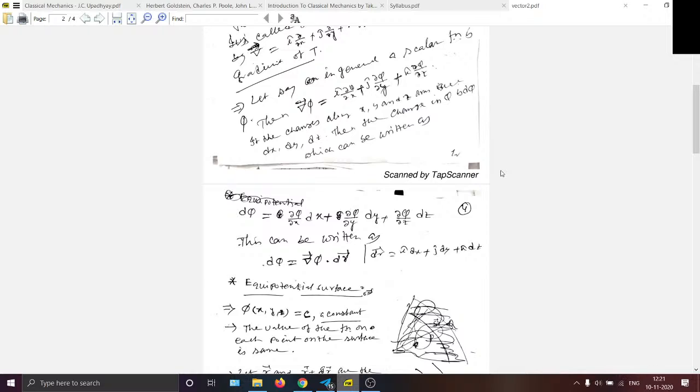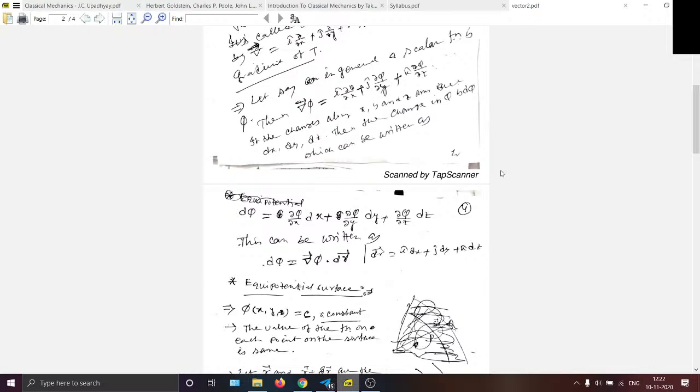Now this d phi I can also write more compactly as grad phi dot dr. This product, del phi del x into dx plus del phi del y into dy plus del phi del z into dz, can be written as grad phi dot dr. dr is nothing but all the small components of displacement in our xyz coordinate system.